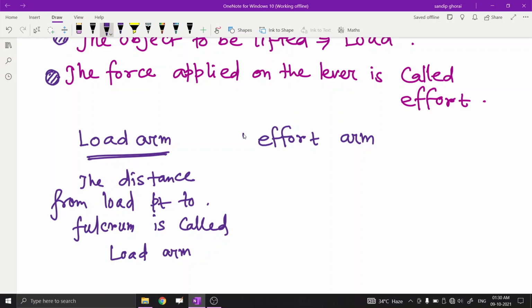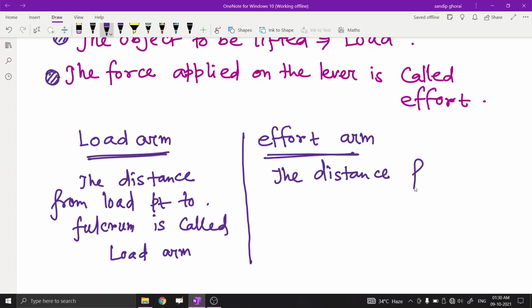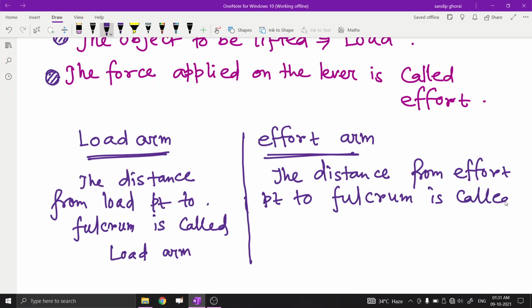And the definition of effort arm is the distance from effort point to fulcrum. Similarly, the distance from effort point to fulcrum is called effort arm.